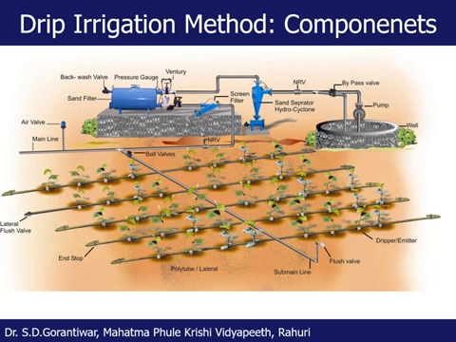Therefore, here if you get the discharge of 4 liter per hour, then here you may get the discharge of 2 liter per hour only. And if you get 4 liter per hour at one place and 2 liter per hour at the end, then its uniformity efficiency is just 50%, and we don't want the drip irrigation system to operate at 50% efficiency.